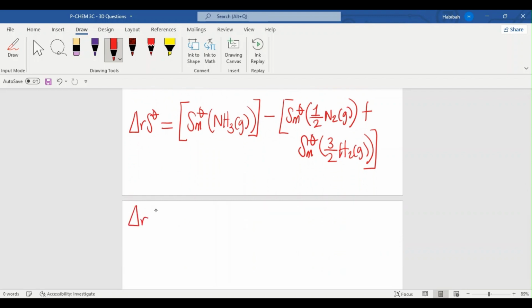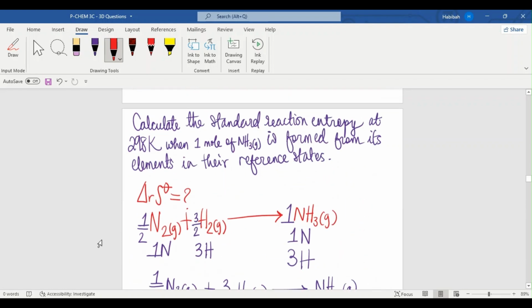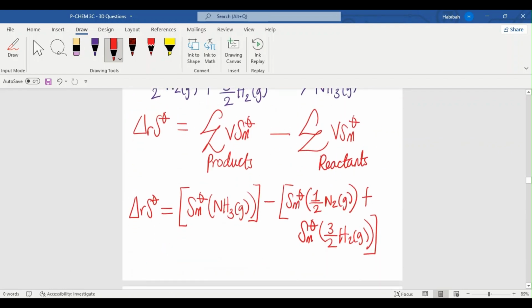What this simply means is that we're going to bring out the coefficient that is not 1. Before we do that, I want to quickly say something. Remember this V here and this V here. This V is the coefficient value for each individual product, and here you have the coefficient value for each individual reactant.